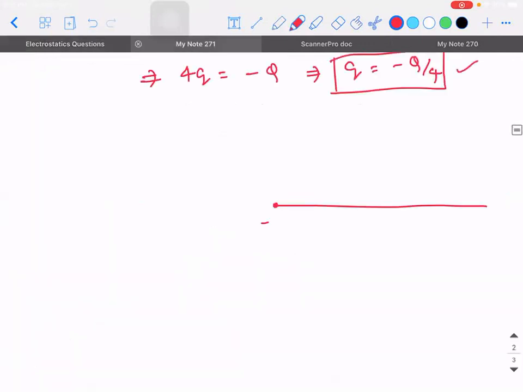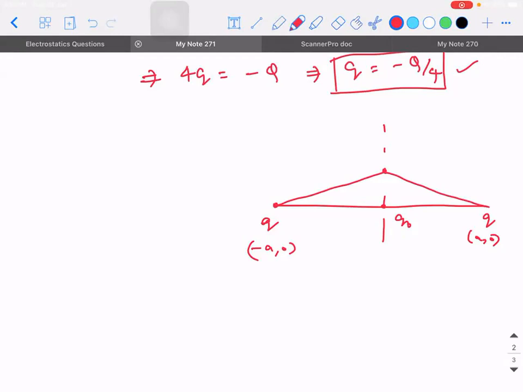So, what are the two charges that are present? There are two charges Q, which are placed at (minus a, 0) and (a, 0). And there is a particle Q naught, which is exactly half of this value, slightly displaced from its equilibrium position and let go.